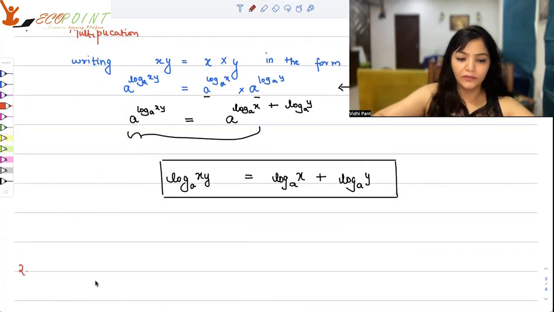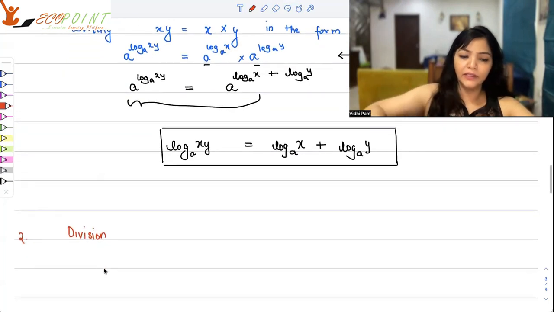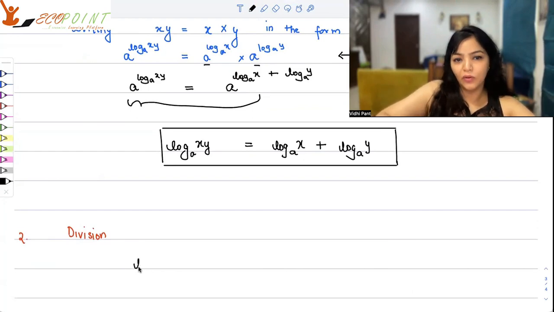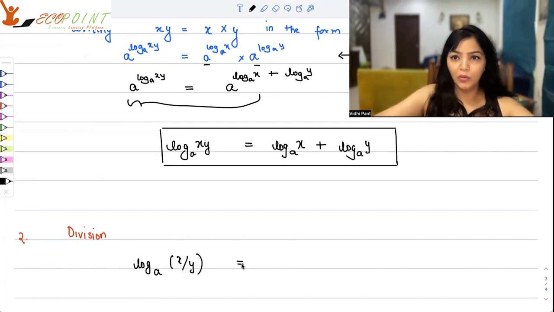Second law is of division. Well, clearly, in case you're talking about division, that means you are talking about log base a of x upon y. The moment you change the product x into y to the product x into 1 upon y, you are looking at 1 upon y.